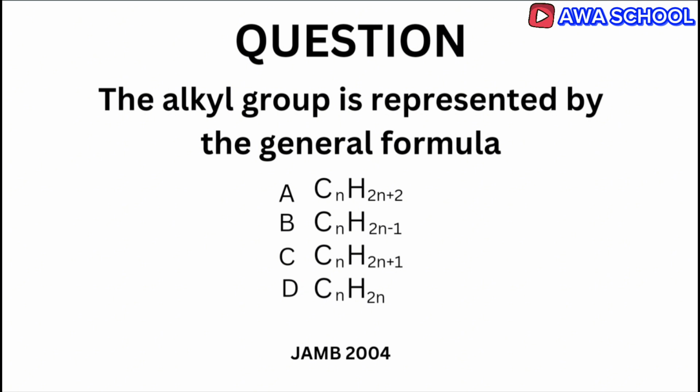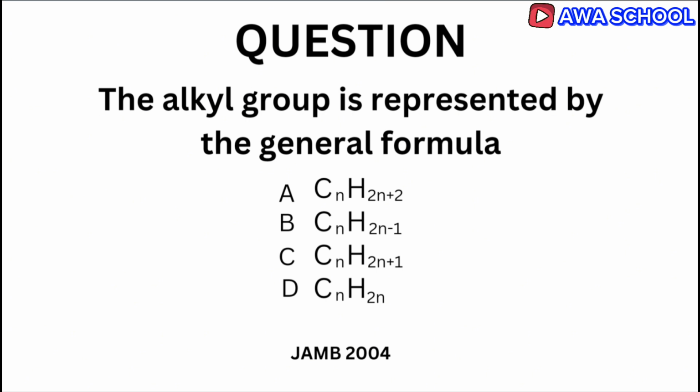Yes. So what is the answer? Of course, you know that D cannot be the answer because D is the general formula for alkene. And then when 2 is added to the hydrogen atom of alkene, it will form alkane, which is our option A. So if 2 was removed from the hydrogen atom of alkene, we will form alkyne.